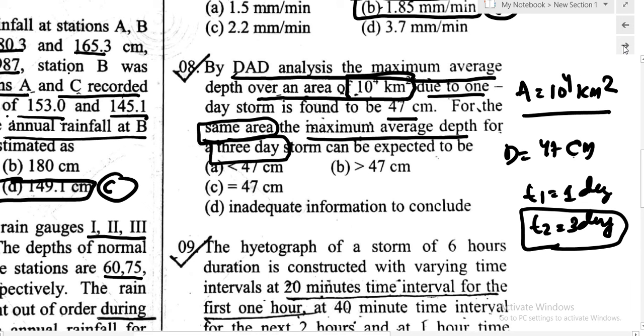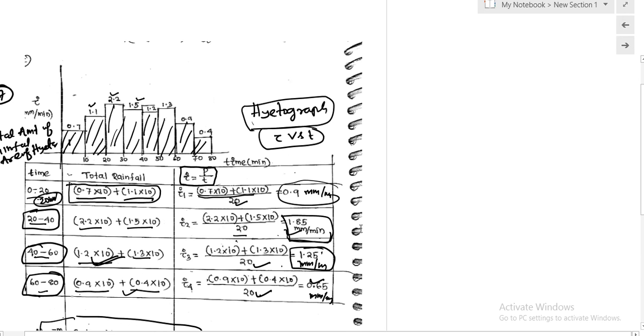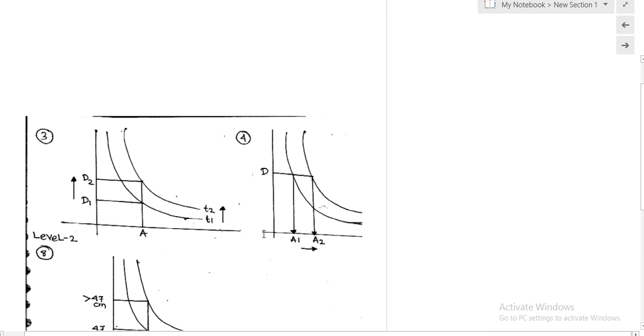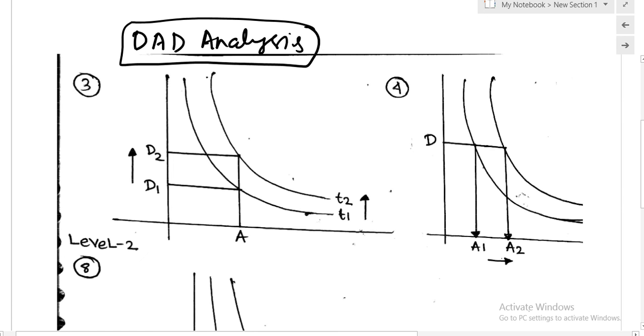I already told you about depth area duration analysis. In the depth area duration analysis, for a particular catchment area, the area on which the storm is happening, if that is constant, and the duration of the rainfall is increasing, then the depth will also increase.